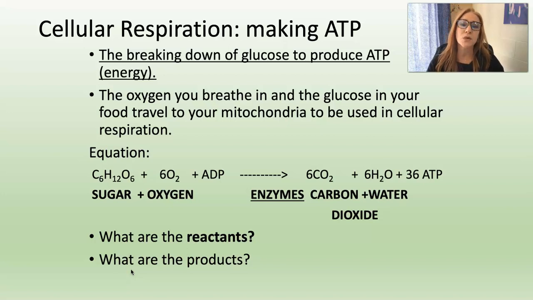So in a eukaryotic cell, we're mostly going to talk about animal cells when we talk about this, but plants do this as well. Plants do both photosynthesis and cellular respiration all together. They make their own sugar. Animals have to ingest that sugar. We have to eat. Heterotrophs eat energy.